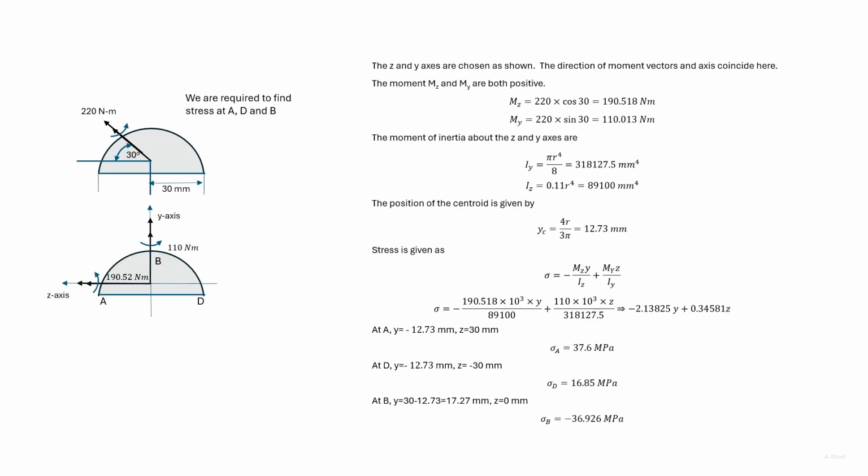Here we have a semicircular section with the moment applied as shown in this diagram. The coordinate axes, that is the y-axis and the z-axis, are chosen. The centroidal distance from the base is given as 4r by 3 pi, so the coordinate axis passes through the centroid.